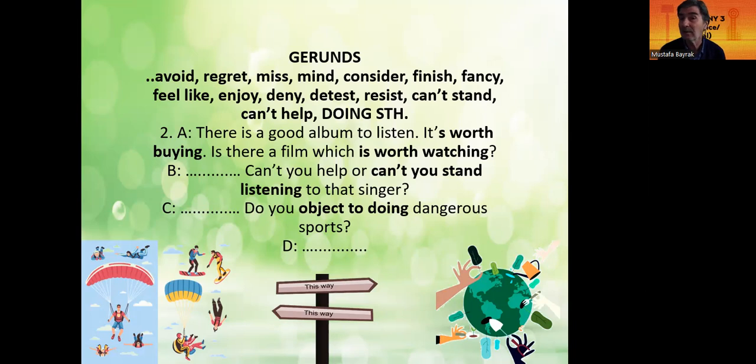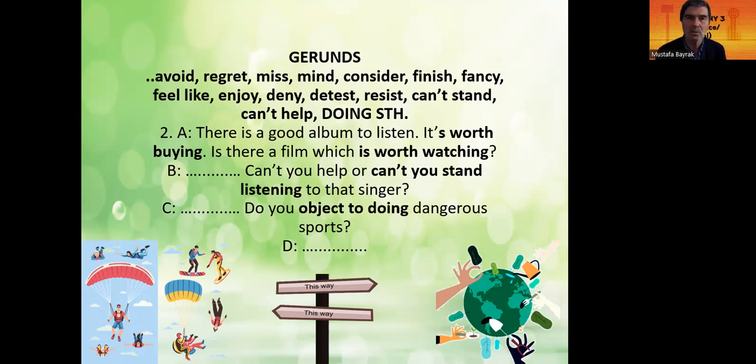So I can't help eating. I can't help eating watermelon. Okay, but I can't stand eating decayed fruit. Can't stand negative things. I can't stand negative things is also a true sentence.